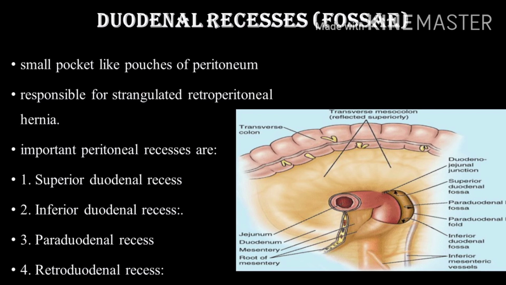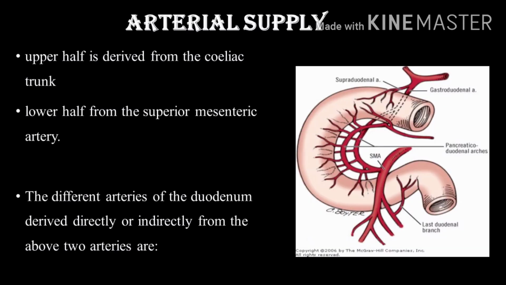The important peritoneal recesses around the duodenojejunal flexure are the superior duodenal recess, inferior duodenal recess, paraduodenal recess, and retroduodenal recesses.